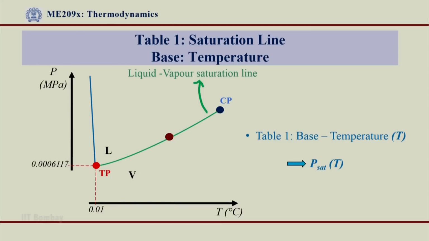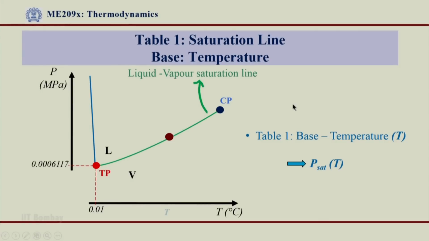The moment we know one property, pressure or temperature, we know the other property very well. So, exactly here what has been given to me is the temperature of this thermodynamic system, and what I can get from here is the corresponding Psat, or saturated pressure at the given temperature.